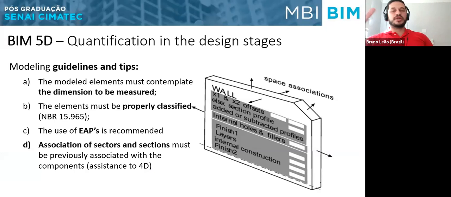So if we are talking about the construction of a wall, how are we going to do this budget of the wall? By square meter of the wall, by the length of the wall? It should be known before we start modeling, because we have to be sure that when we extract these quantities, they are in the model.